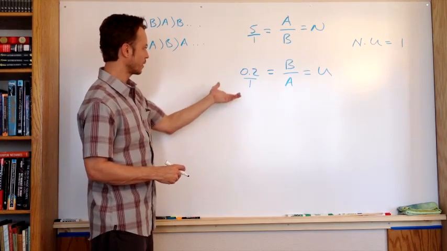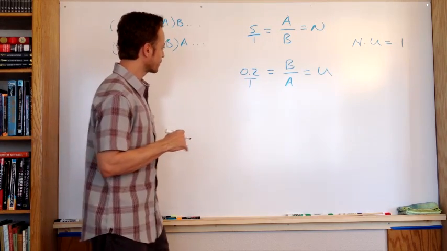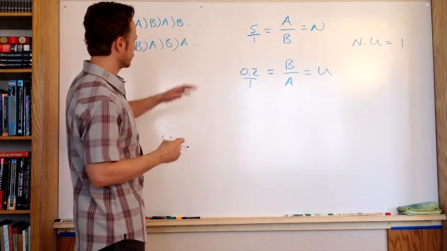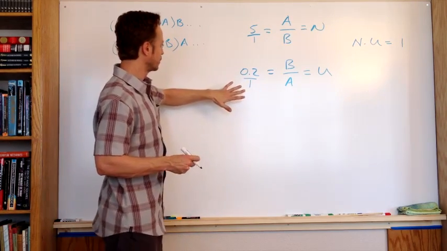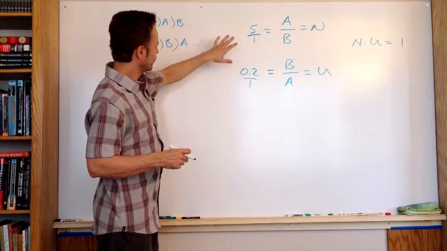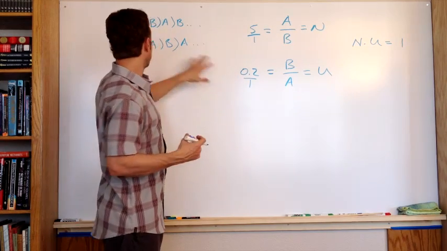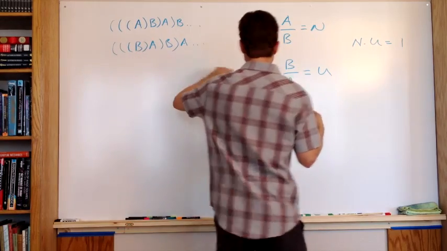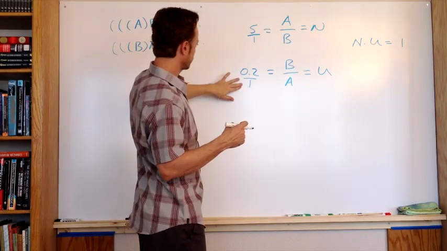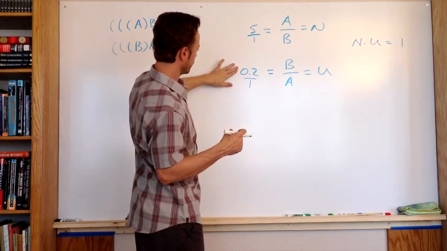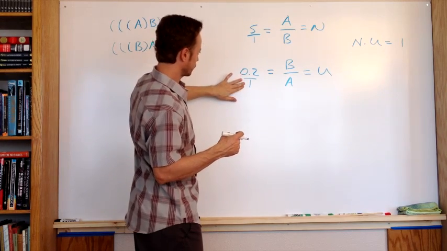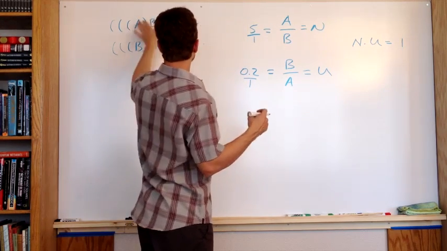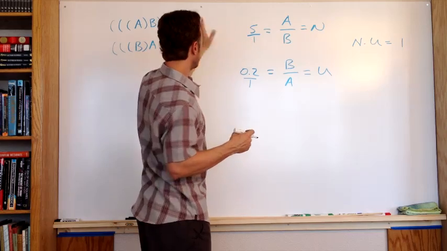So that's how this ends up being. Okay, so this ratio could be associated with B relative to A, for this many units of B. That's what A experiences, and this could be A relative to B.